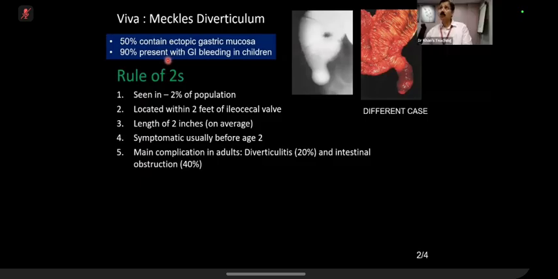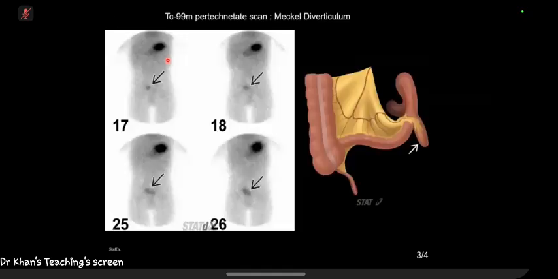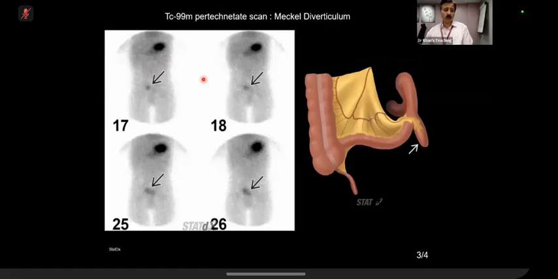Okay, number 2, what is the investigation of choice here? So you can do a Meckel scan, which is a type of nuclear scan. Of course, I don't know much about nuclear medicine, and this will be covered later on by one of our colleagues in your nuclear scan session, but they ask it. It has come in the exam many a times, and you should know this.